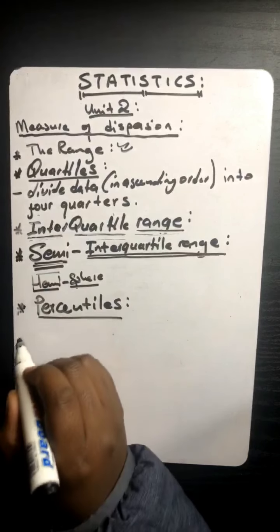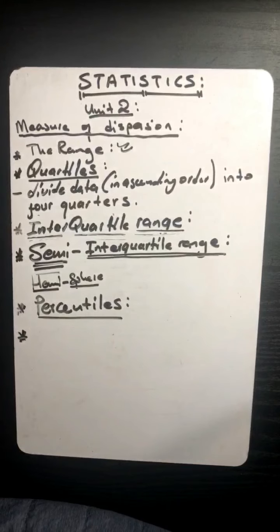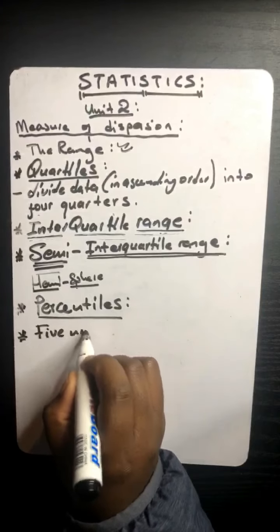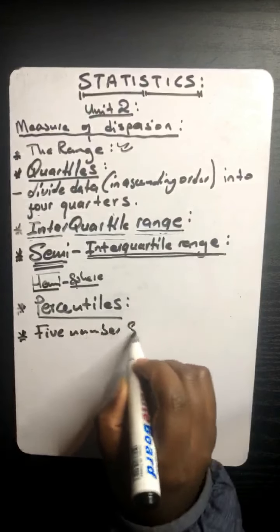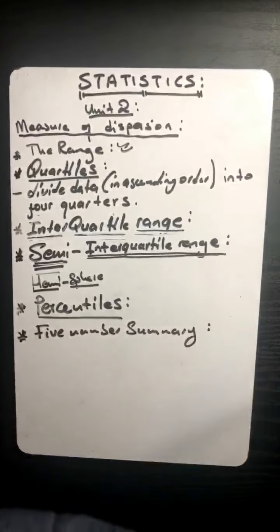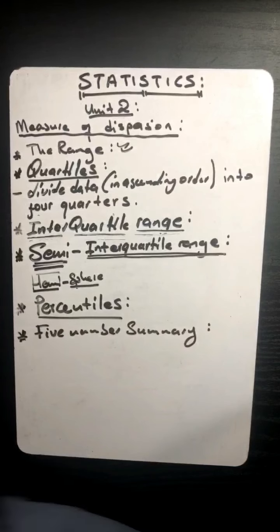What I want to take you guys through is what we call the 5-number summary. Very, very important, ladies and gentlemen.